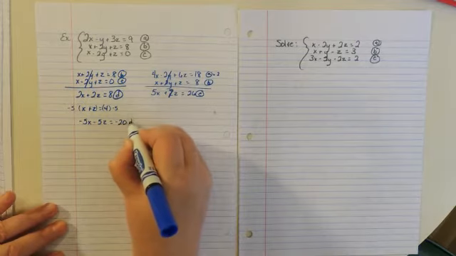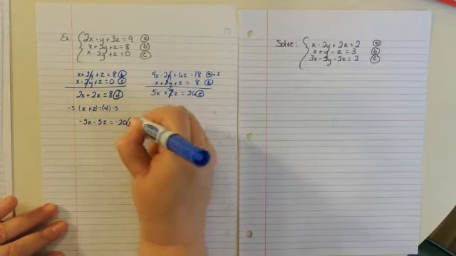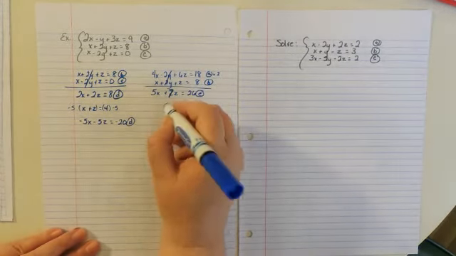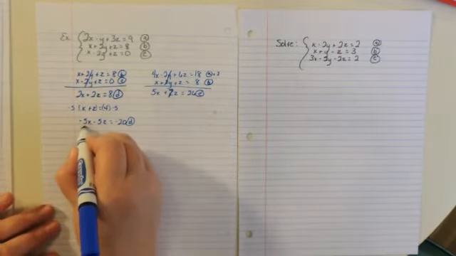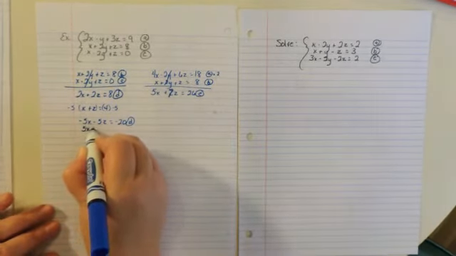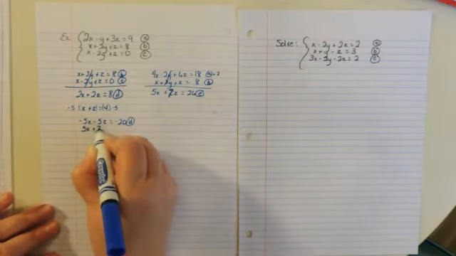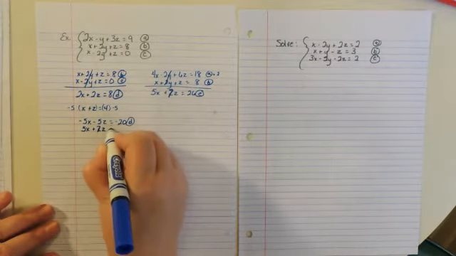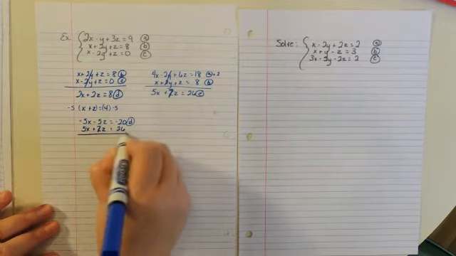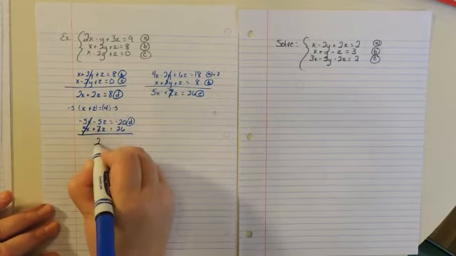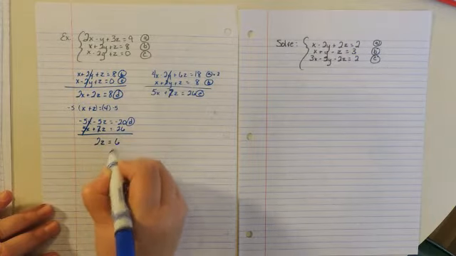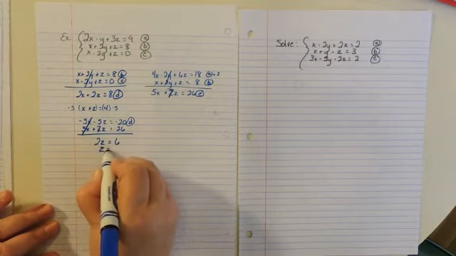So this is D with some changes. And we're going to add that to E. So this is 5x plus 7z equals 26. Add this together. The x's cancel. We have 2z equals 6. So z equals 3.